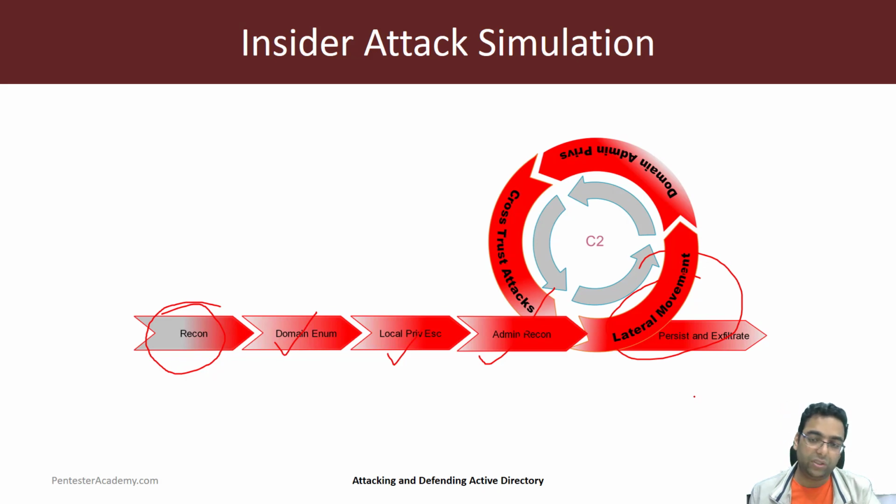We start logging into different machines, accessing different machines and services to check if we have access to any interesting privileges. Once we find a machine or any method where we can escalate privileges to the domain, we go for domain admin privileges. Once that is done, we go for cross-trust attacks. That is, we escalate privileges from domain admin to enterprise admin, then from enterprise admin to different trusted forests. And because it's a cyclic process, we go for persistence meanwhile so that we can maintain our privileges, right?